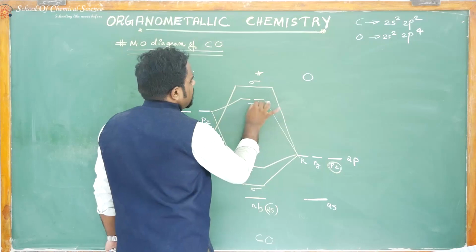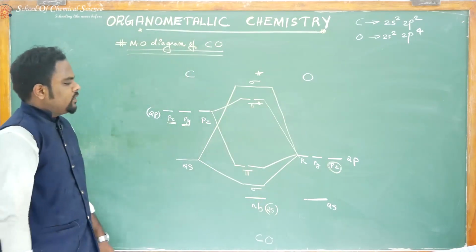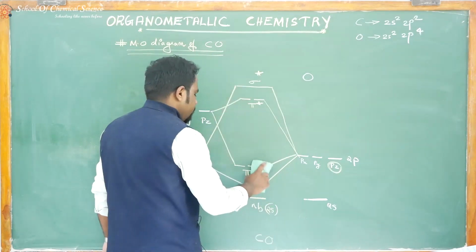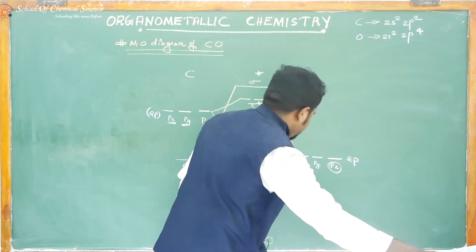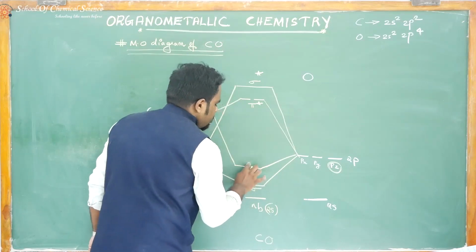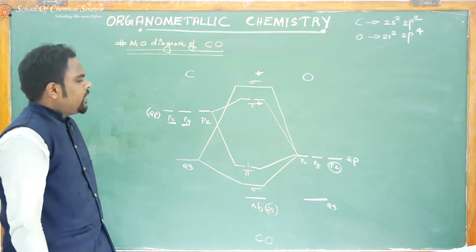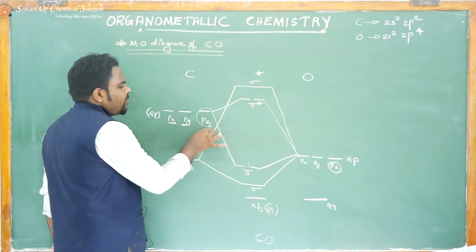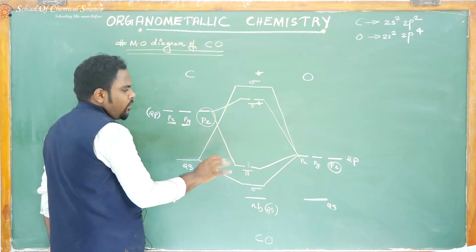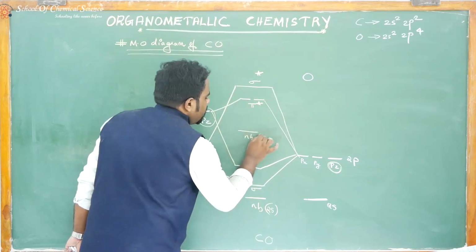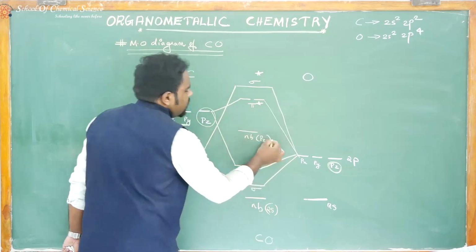This is pi and this is pi star: two pi orbitals and two pi star. Then the pz orbital of carbon does not participate in bonding. That pz orbital acts as a non-bonding orbital.